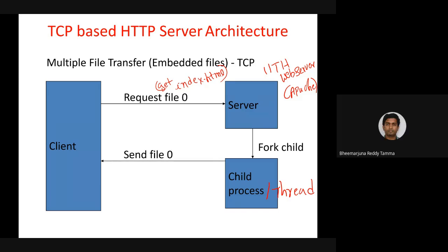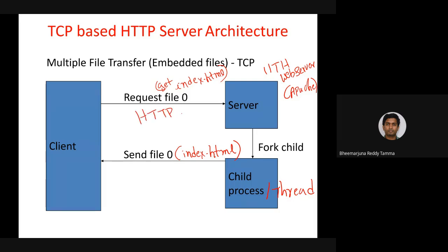Okay, send file 0. So what happens after that? Let's take the example of you want to browse the IIT Hyderabad homepage, where you are making a request to get index.html. So what happens after you get back the index.html here? See, here I'm showing the illustration at the HTTP level. I'm not showing you here any TCP messages.